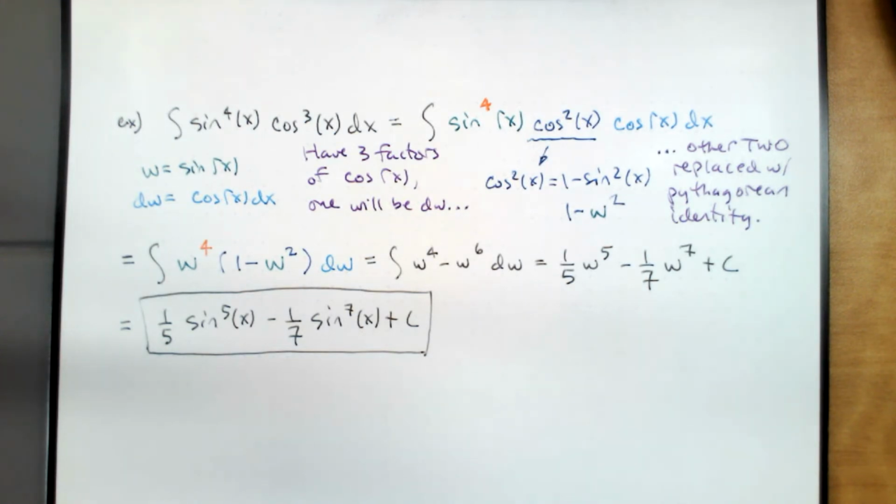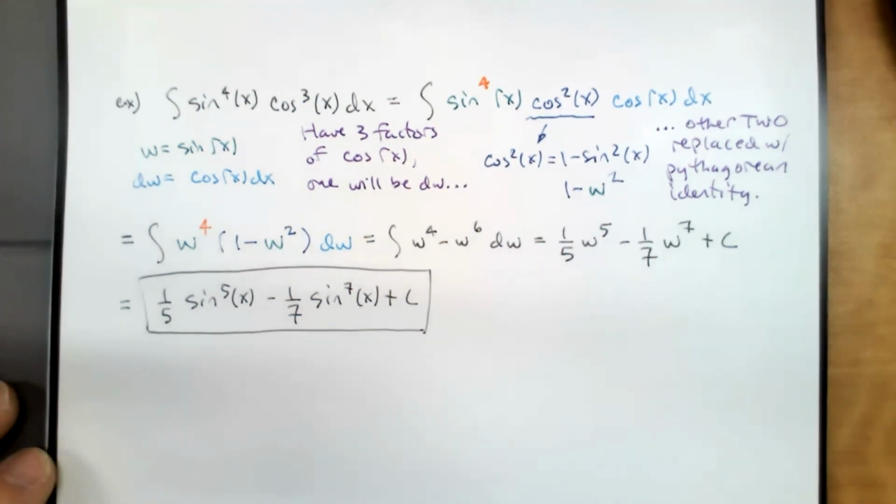So take a minute and think about what happens if we make W equal cosine X. Don't worry about the negative that shows up. That's a constant. That's not the problem. Take a moment and think about what's the problem going to be? What if we tried the other substitution?